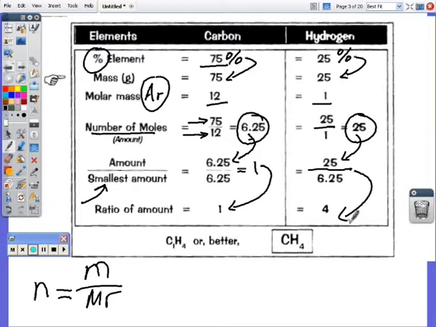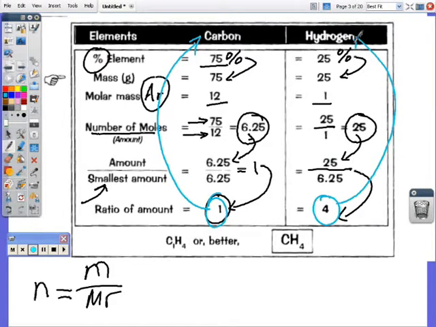That means we have 1 mole of carbon to 4 moles of our hydrogen. So we can represent it like that, which wouldn't be ideal. We just take the little 1 out, and the formula is indeed CH4, or in other words methane.